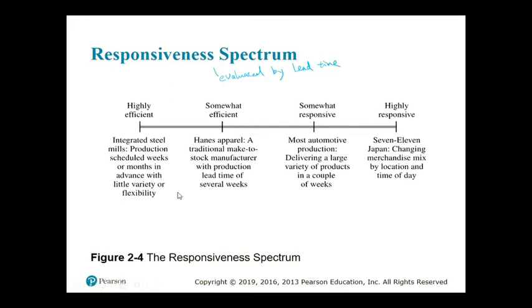On the other hand, we may have integrated steel mills that are highly efficient, but they can only respond to demand changes at a very slow pace. So, question. Think about Costco. Where do you think Costco would fall?